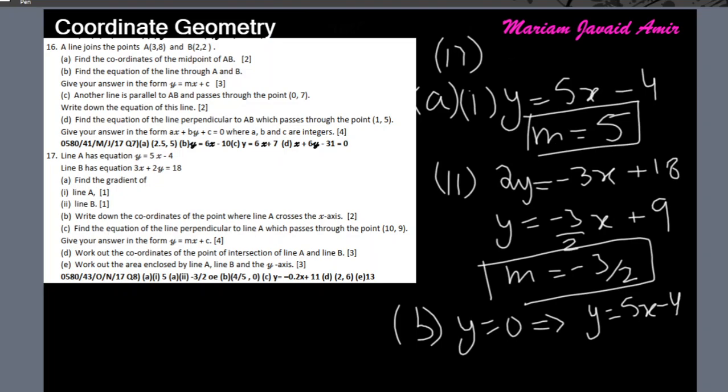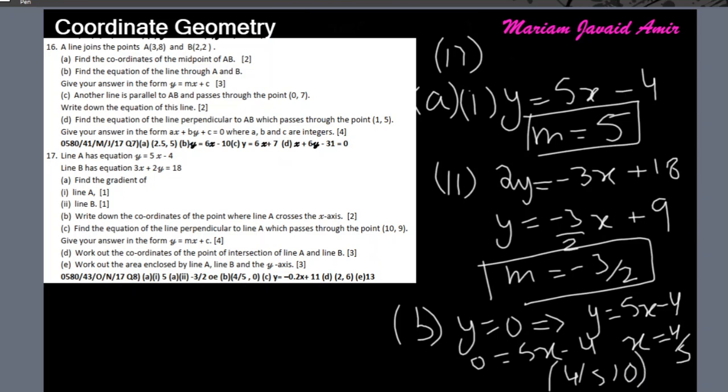So when y is 0, x is equal to 4 over 5. Okay, sorry, x is 4 over 5 and y is 0, so (4/5, 0).